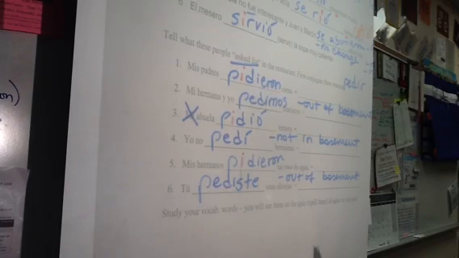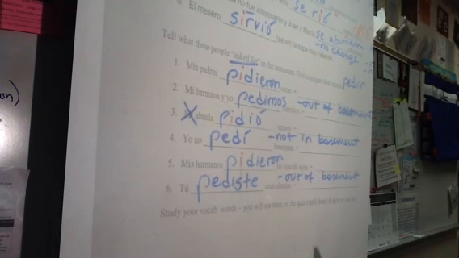So if it's not in the bottom two conjugations, you don't make the change. The rest of them, you just do regular conjugations. No big deal there. Any questions on those?